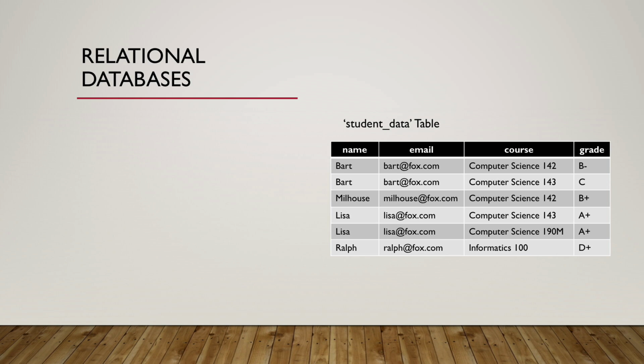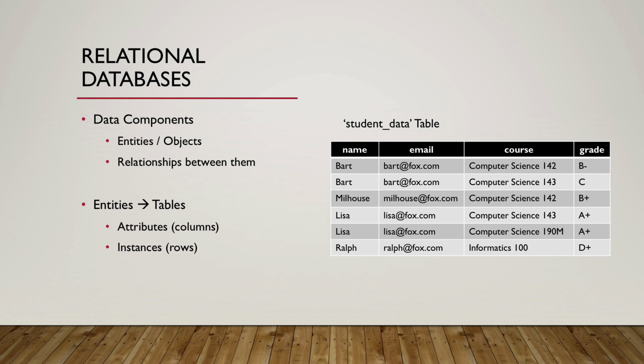So let's start out with some data. In this table we have a whole bunch of student data. And if we think about each row in this table as representing a certain entity, well, you can see that that entity is essentially a person, the course they took, and their grade. And that more or less fits what we have. This is generally how we usually view or deal with raw data.